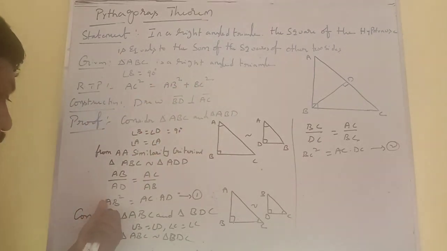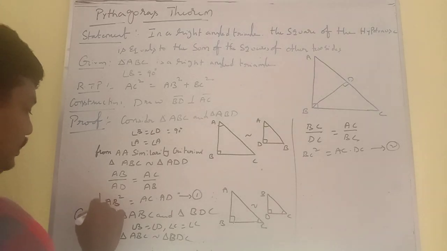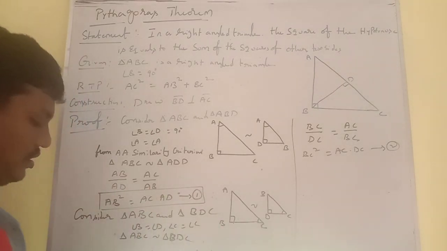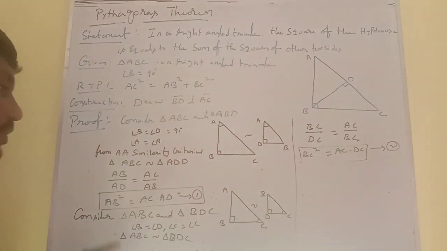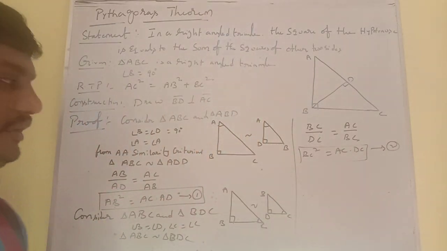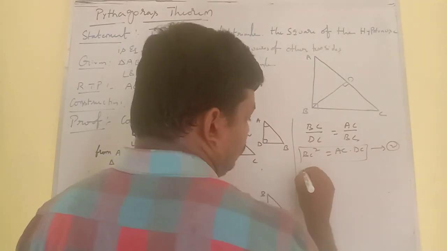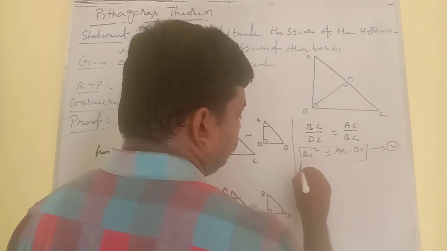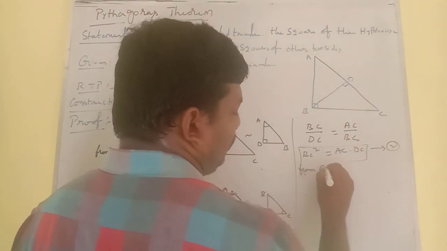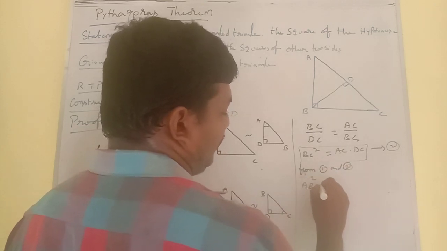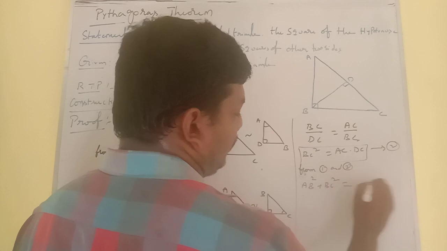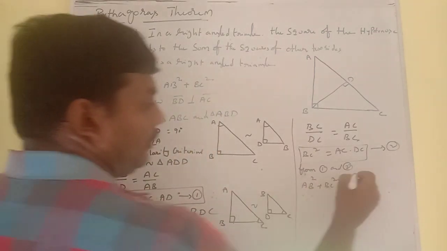Now we got AB square here, and we got BC square here. Now if you add AB square plus BC square, what do we get? From equations 1 and 2, AB square plus BC square equals, what is AB square?